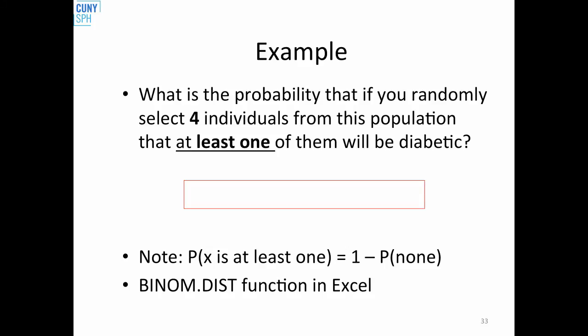Now, what is the probability that if you randomly select 4 individuals from this population, at least one of them will be diabetic? This didn't come out on the slide here, but I'm going to just draw it in.